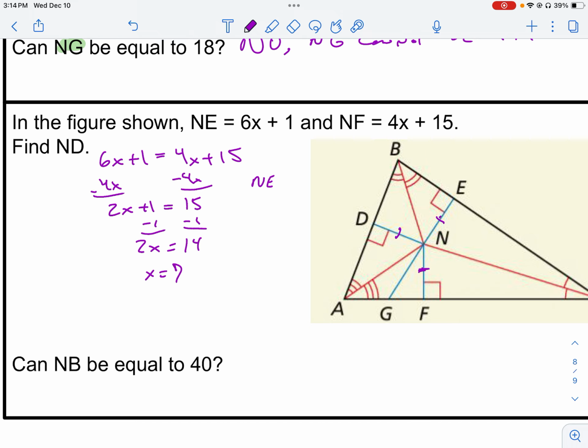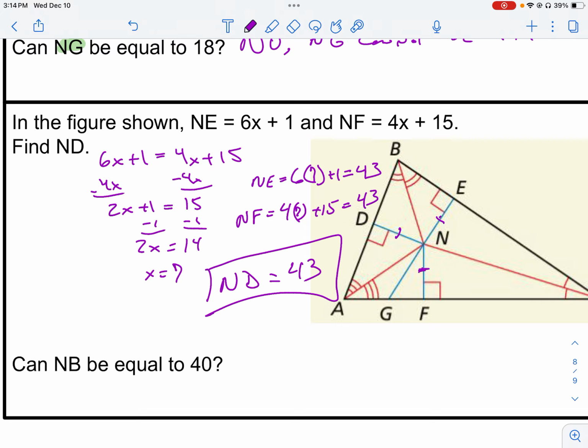So we're going to just take that x and plug it in. 6 times 7 is 42, plus 1 equals 43. We're going to do NF too, just for fun, to double check our work. 4 times 7 is 28, plus 15 equals 43. So ND also has to equal 43.